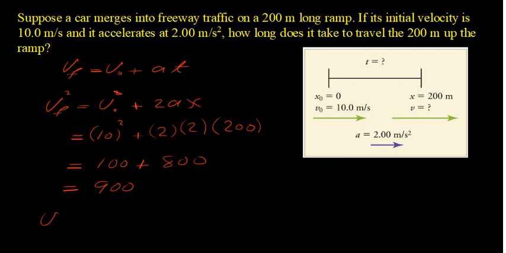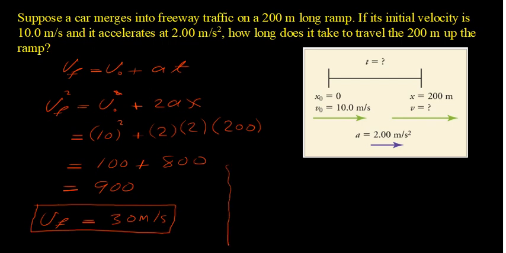However, I'm looking for the final velocity, not the velocity squared. And that means if I put 900 under the square root, that will give me a speed of 30 meters per second. Great. So I know the velocity of the car at the position of 200 meters from that starting point, when it was merging onto the road.